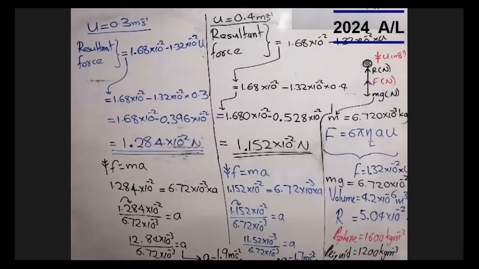Full stop. At a certain velocity of the sphere, comma, the resultant force becomes 0, or the resultant force becomes 0 at a certain velocity of the sphere. Got it? Right.